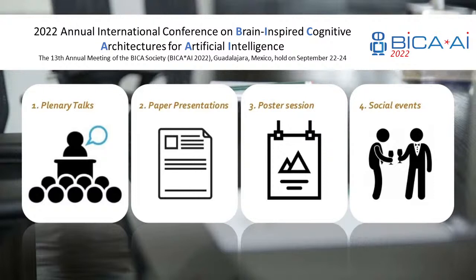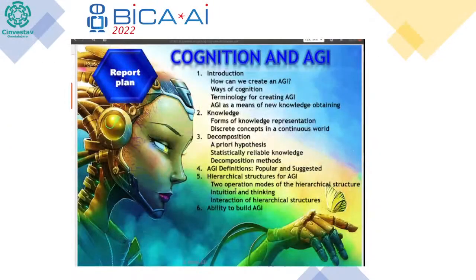We will speak about what knowledge is, why we need decomposition to get new knowledge, and why this knowledge should be hierarchically organized. Okay, and I think with these tools, we will be much closer to building artificial general intelligence.